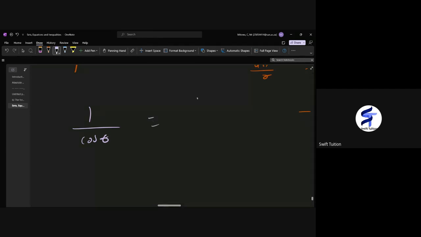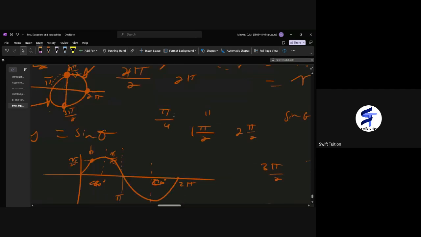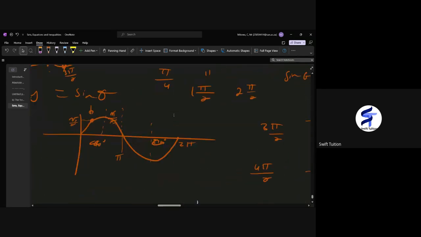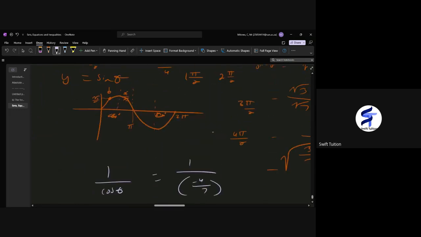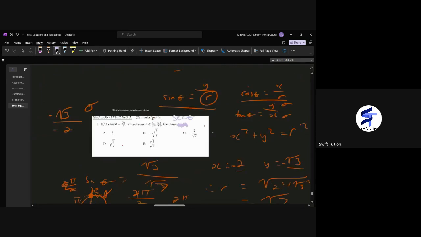You're going to find what x is and what r is, because cosine is x over r. Let's say cosine of theta is negative 4 over 7. Remember to find its reciprocal, which is 7 over negative 4. So that's the kind of variation they could possibly ask you on that.